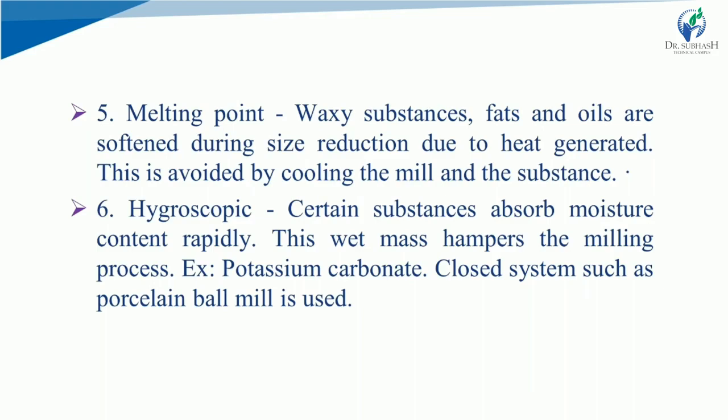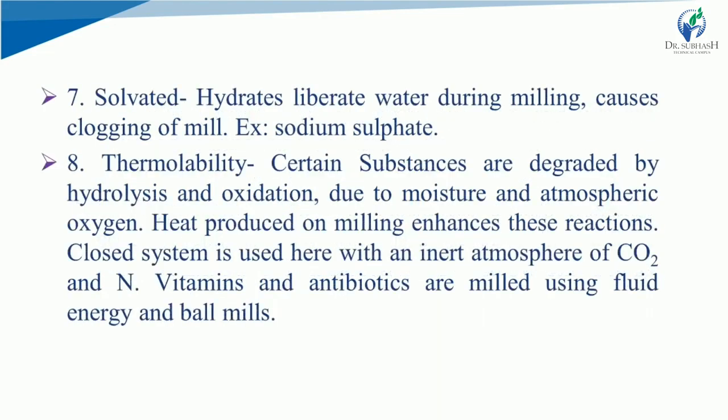Because hygroscopic materials tend to absorb moisture from the surroundings, and that is the reason they can create a burden on the milling process, and also sometimes you have to stop the milling process completely. To avoid these things, closed systems such as porcelain ball mill can be used.